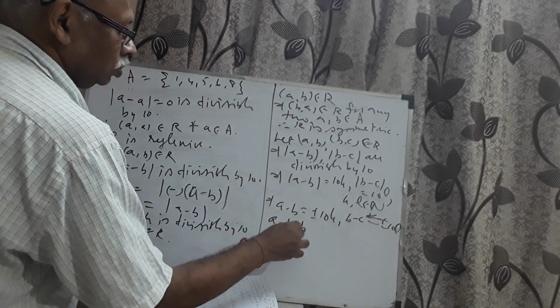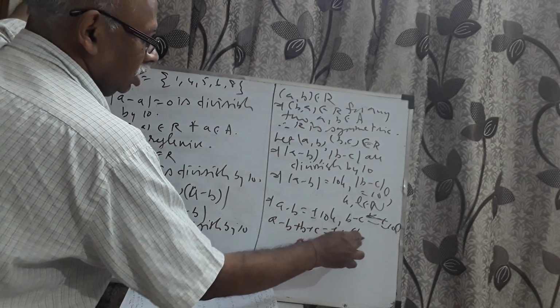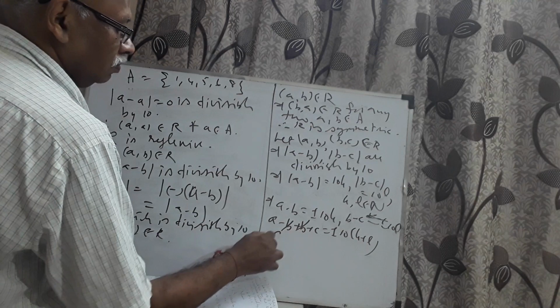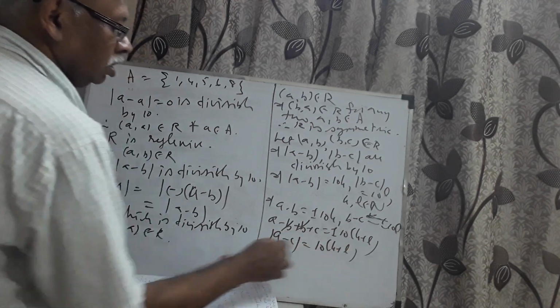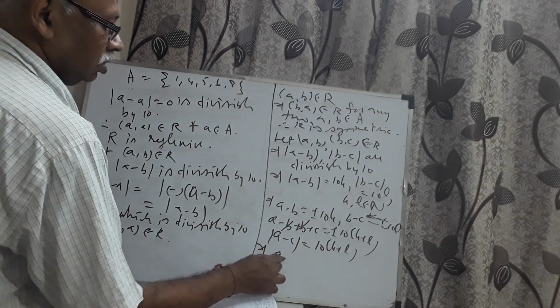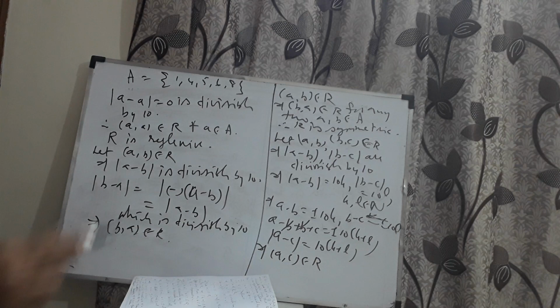Therefore, adding these two, a minus b plus b minus c is equal to plus or minus 10 into (k plus l), which implies mod a minus c is equal to 10 into (k plus l), which implies (a, c) is an element of R. Therefore, I can very well write (a, b), (b, c) in R implies (a, c) in R for any three a, b, c in A.